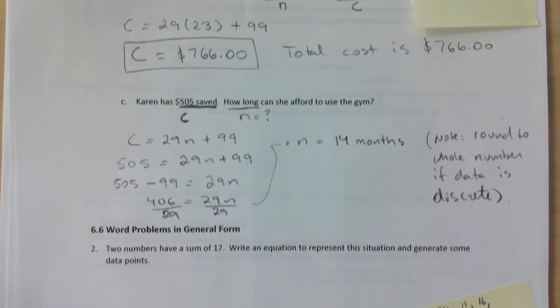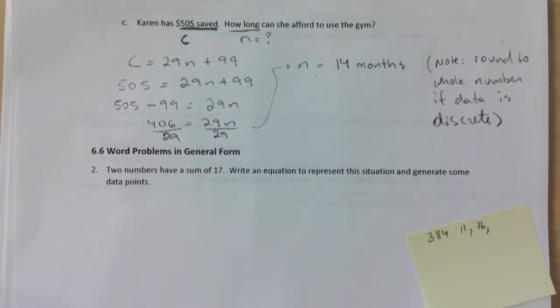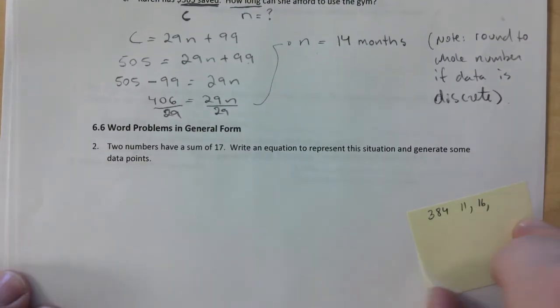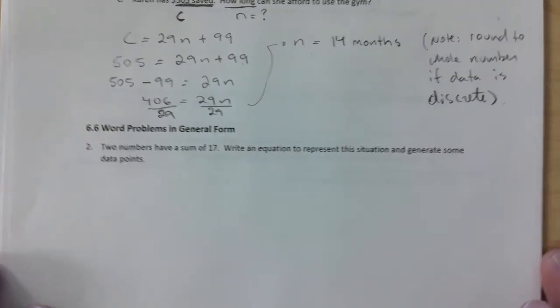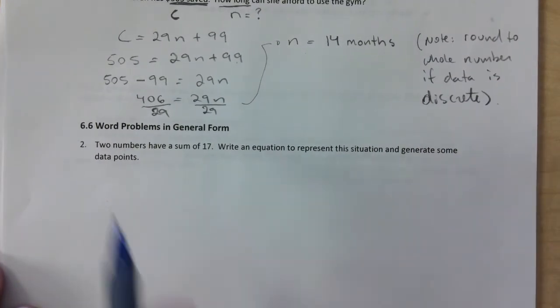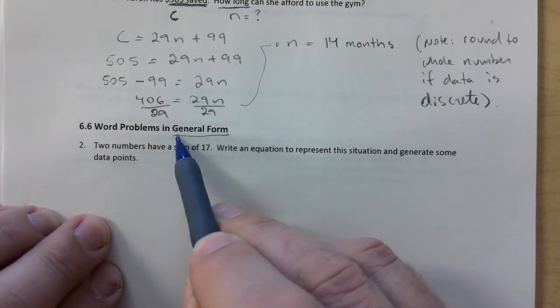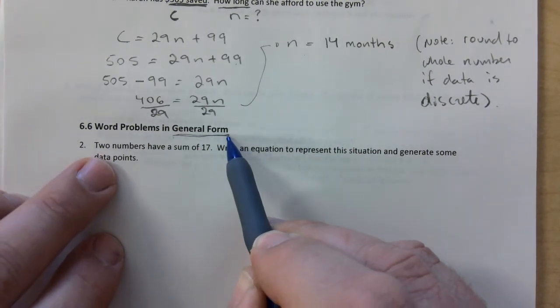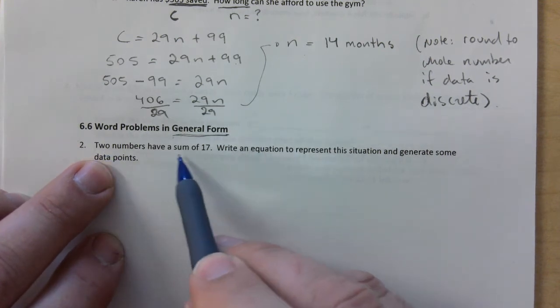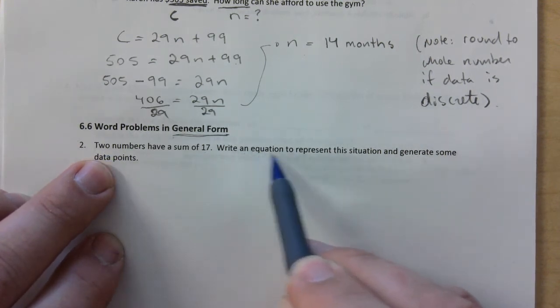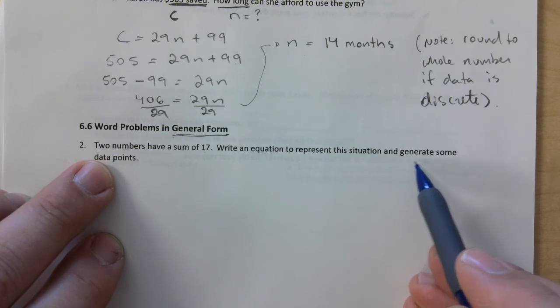All right, let's do 6.6 here. I'm going to remove this for now. So now we're dealing with general form, and there's a bit of a trick here. Okay, 2 numbers have the sum of 17. Write an equation to represent the situation and generate some data points.